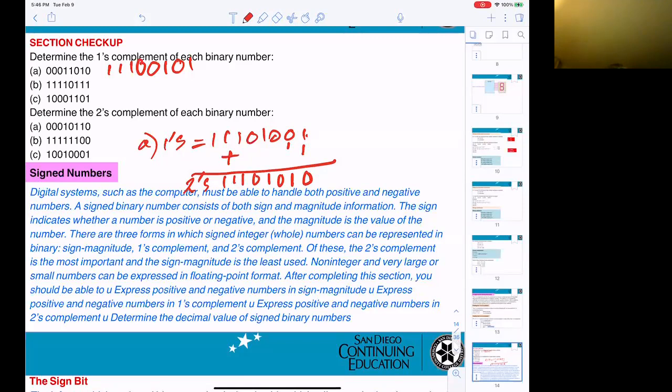All right. That's easy, right? Too easy. Adding two numbers, subtracting two numbers, first complement and second complement.